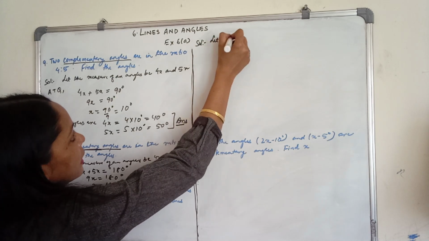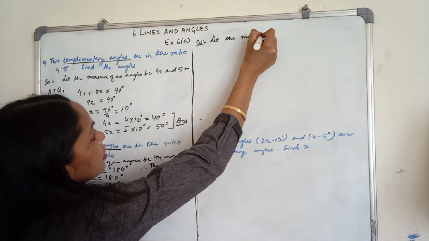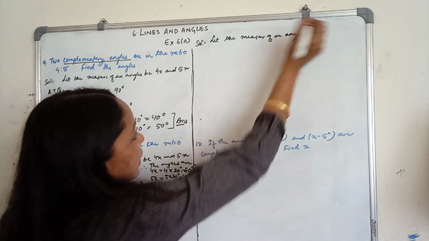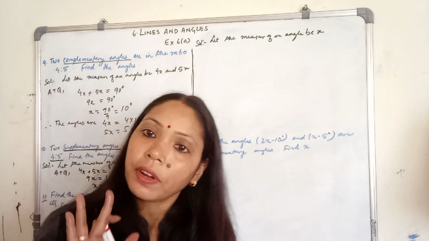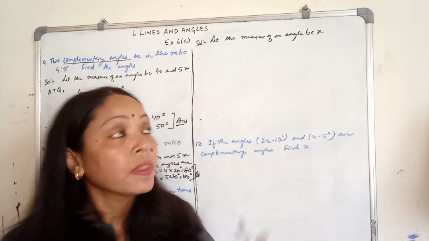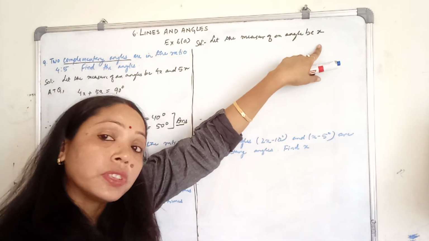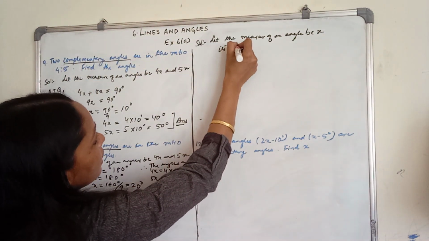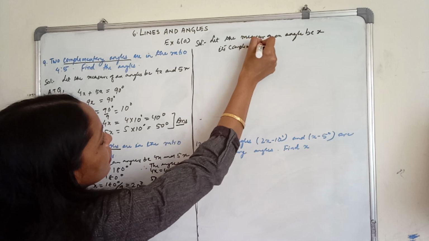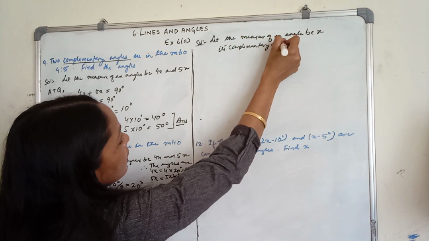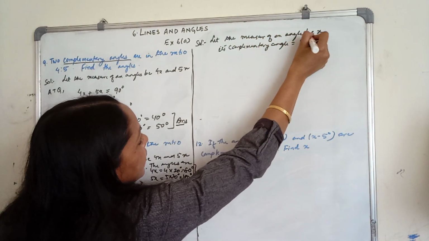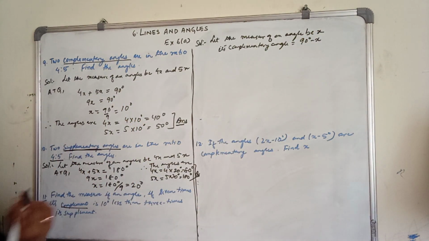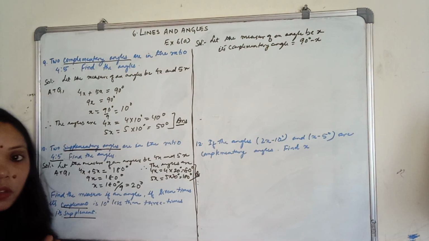Let the measure of an angle be x. So we have taken our unknown angle as x. Now for this angle x, first you write down the complement. So its complementary angle is equal to 90 degree minus x.